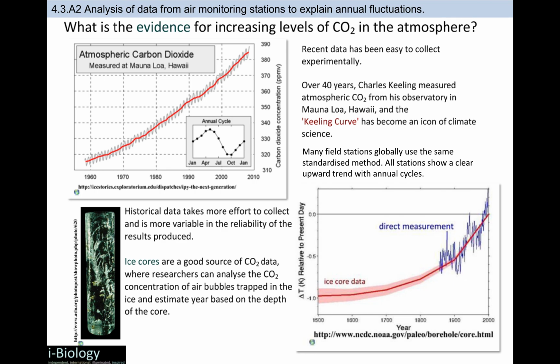If you can extract the gas that's in there, you can measure how much CO2 was in there, how much oxygen was in there, and it gives us an idea of Earth's atmosphere in the past.